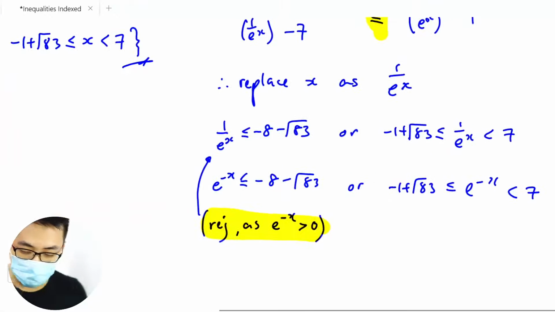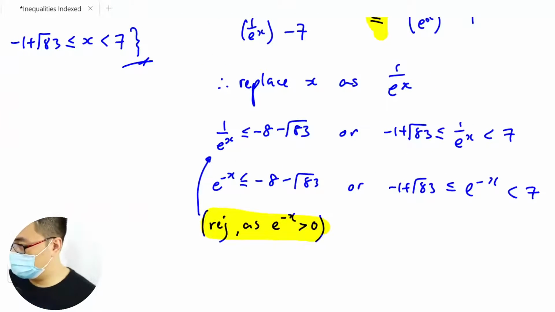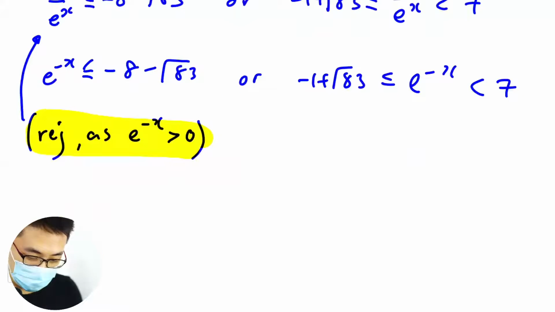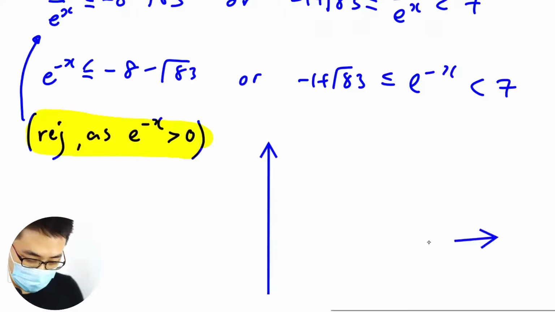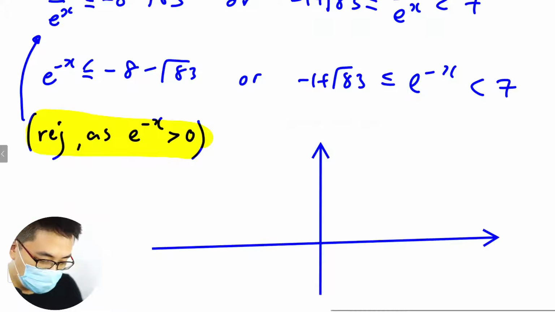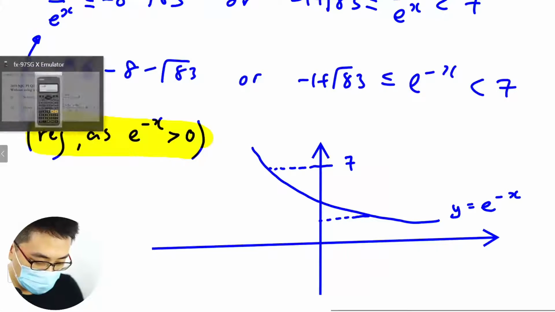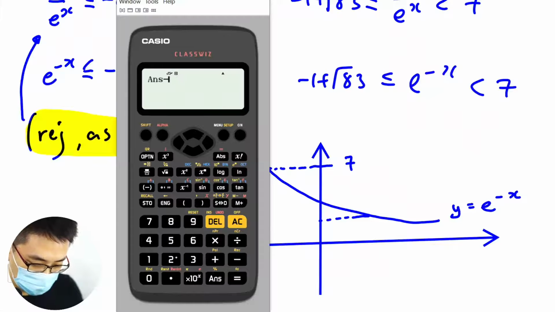Okay. This one may be a bit confusing for you to see, but you can draw the diagram out if you want to. This is actually solving graphically. So 1 over e^x is like that. 1 over e^-x is like that. So if you have got 1, this is 7, right? Then this will probably be minus 8.8.